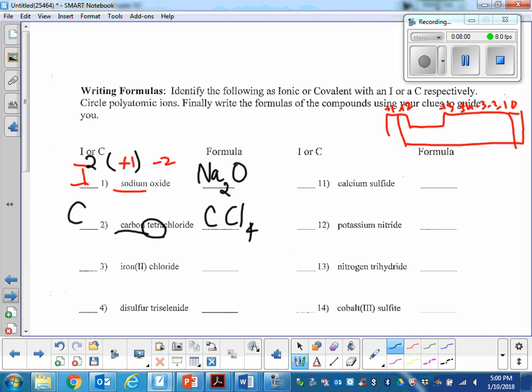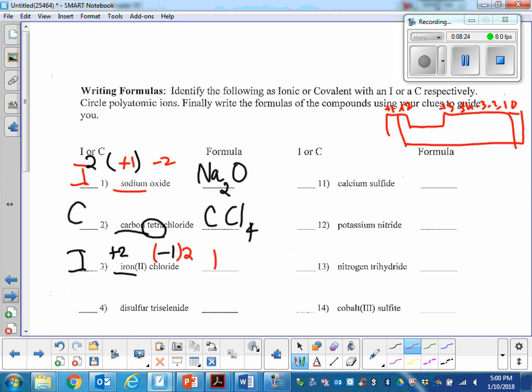I look at the next one, it starts with iron. I know it's an ionic compound. Now it's a transition metal whose charge is not listed on the periodic table, but it is provided as a Roman numeral in the name itself. Chlorine, on the other hand, has a charge of -1, which means I multiply the chloride side by 2 to balance out the charges.